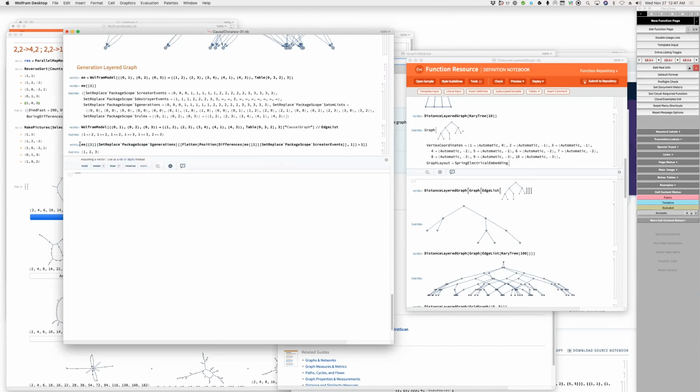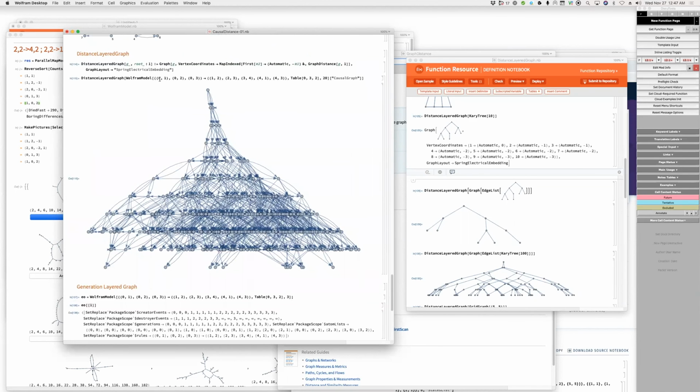Well, range of event count goes to this threaded. Yeah, I understand. We don't need the graph distance, we just need this.